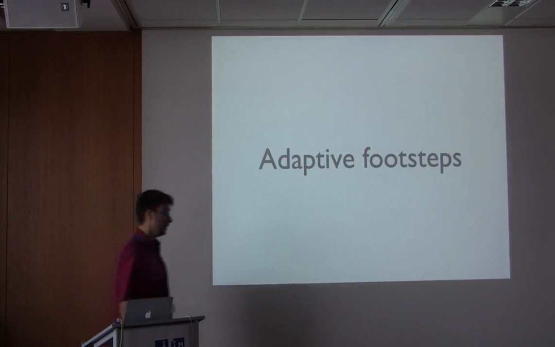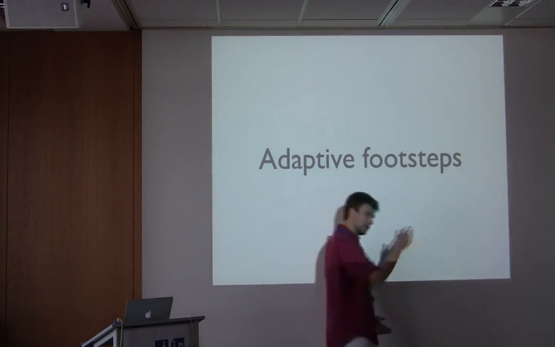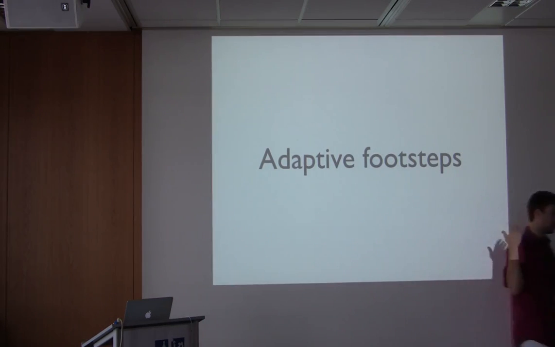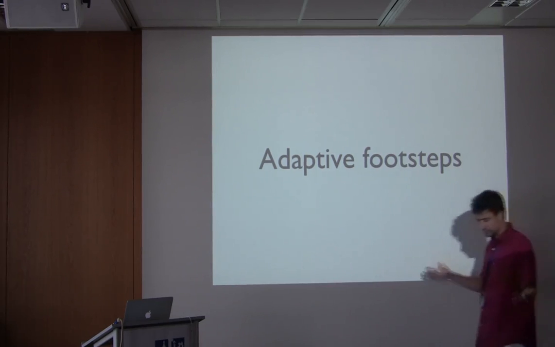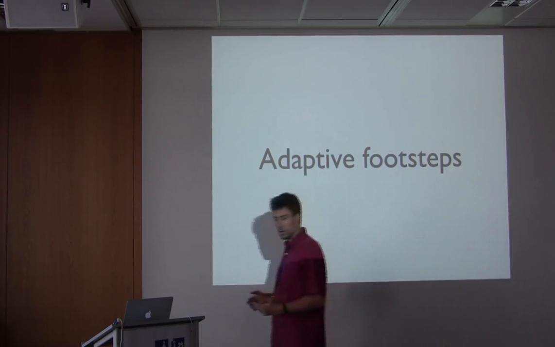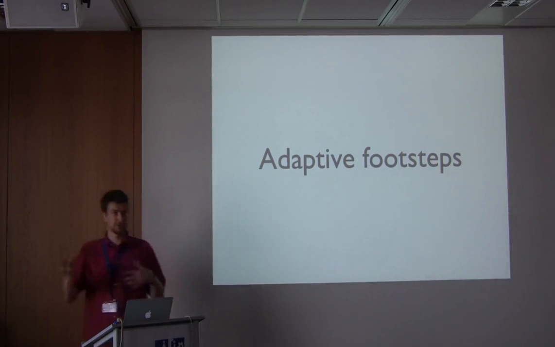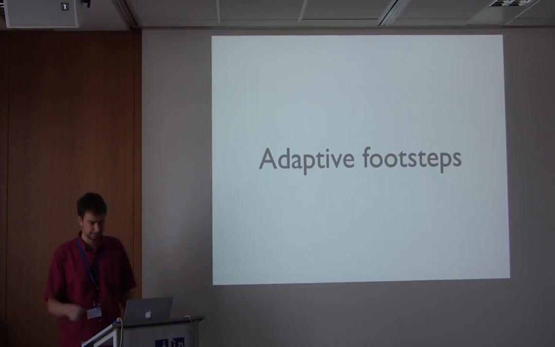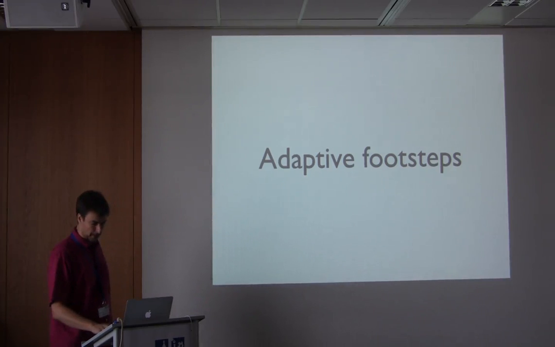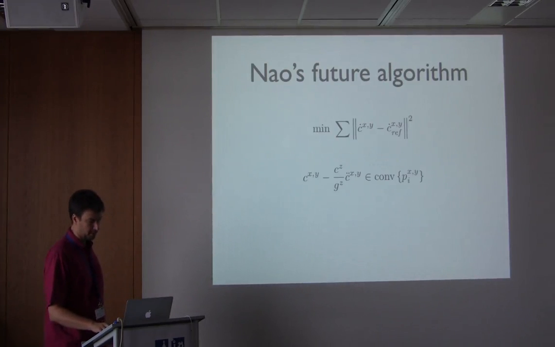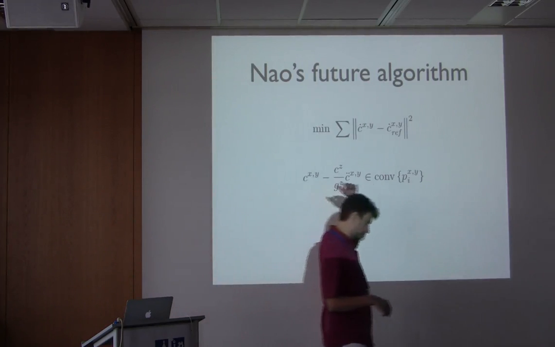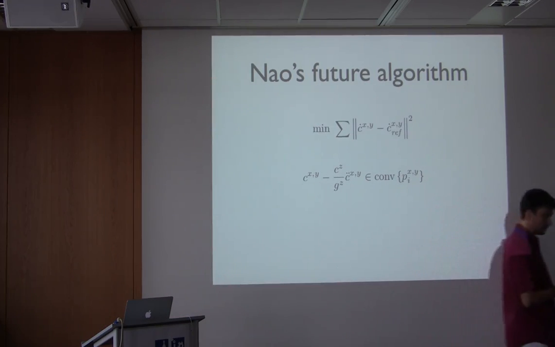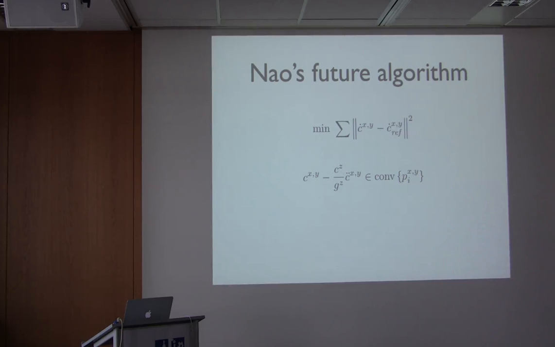Now, what about adaptive steps? Because of course, we had in those schemes some bit of adaptation, but we know that the most efficient way to walk is to be able to adapt your footsteps to what's happening. So here is a paper which they are now in the process of integrating in the future walking algorithms.